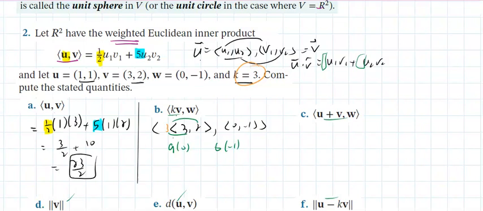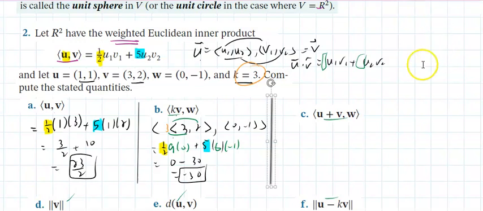And you're going to add the weight on each of those. The weight here is 1/2, and the weight here is a 5. And that will be 0 minus 30, which is negative 30. So again, it's going to be a straightforward section if you just follow the tradition of what we're doing.